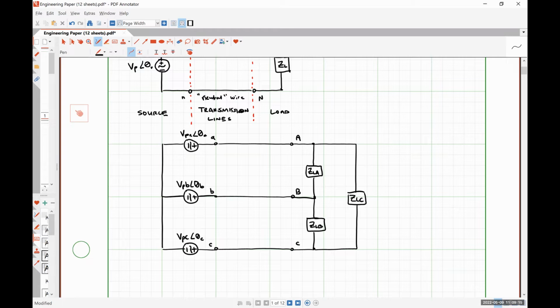Where I'm going to call this guy up here the A phase wire. In the middle, our B phase wire. And finally down here, our C phase wire.